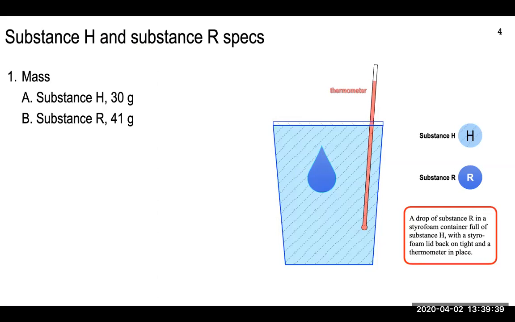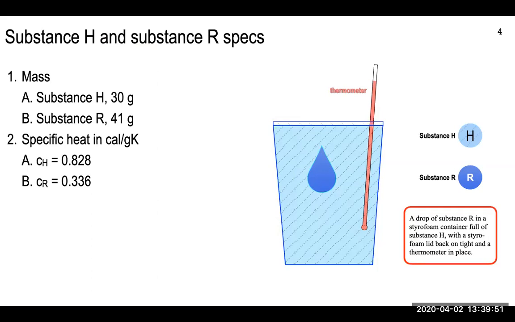So for the mass of substance H, 30 grams, substance R, a little bit heavier, 41 grams. All right. And the made up specific heats for substance H and substance R are 0.828 calories per gram Kelvin for substance H and 0.336 calories per gram Kelvin for substance R. Now, the substance R is a little bit easier to heat up, but you have a little bit more of it.